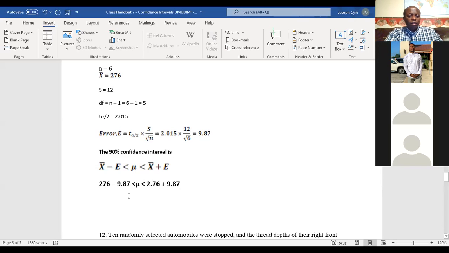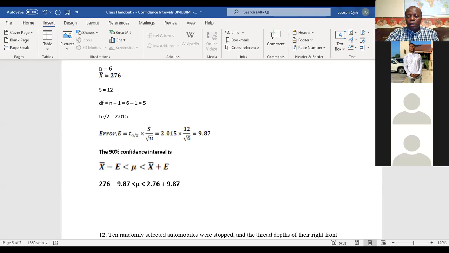So here you add, here you subtract. On the left side I got 276 minus 9.87, less than the mean. Let's put it in a calculator, or any calculator you are using.